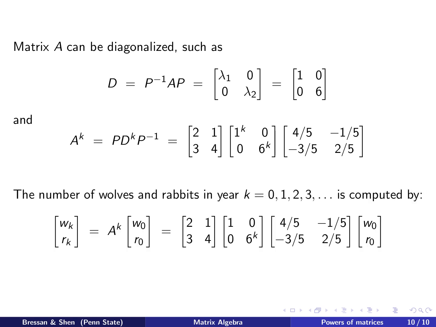So we have an explicit expression, a formula for the number of wolves and rabbits in year k for any k, that can be computed as follows. Wk, Rk would be A to the power k times the initial population W0, R0, and the A to the power k we just computed here, and then we multiply in the end by this vector W0, R0.